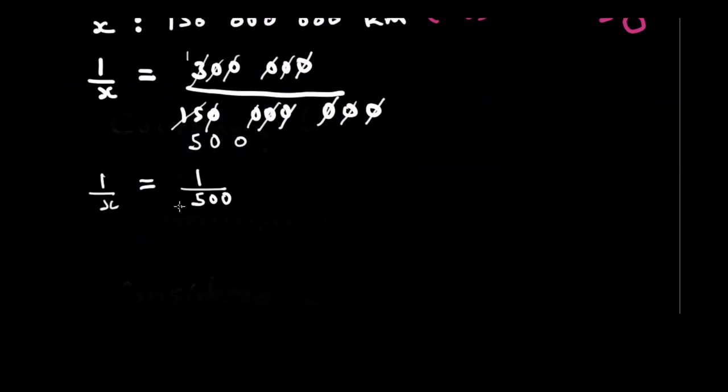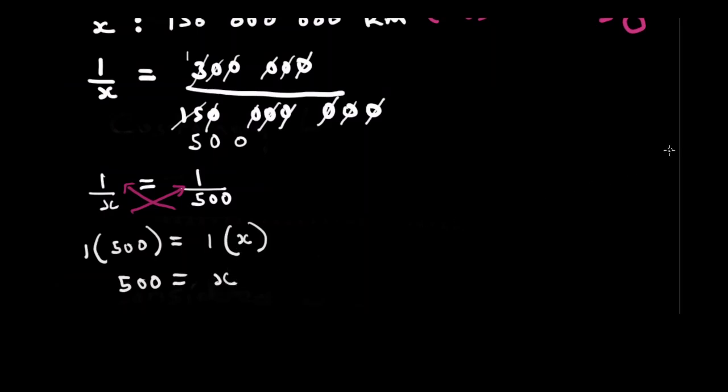Then using the method of cross multiplication, this means that 1 is going to multiply 500 and 1 is also going to multiply x. 1 times 500 is 500 and 1 times x is x.